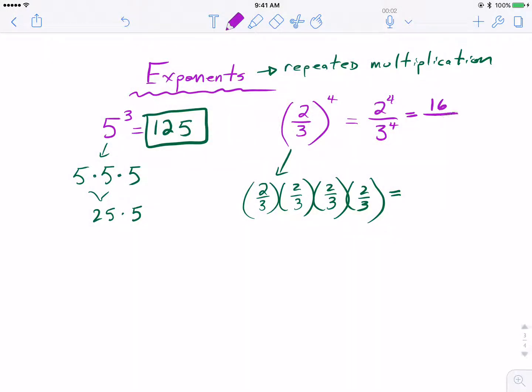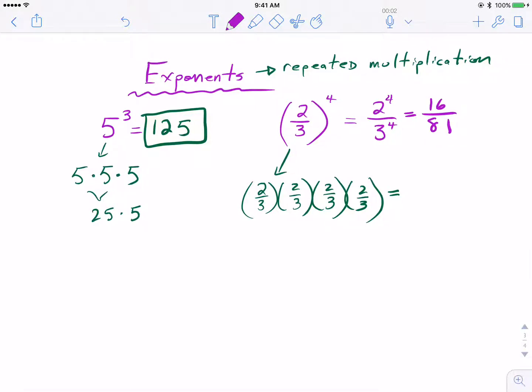And on the bottom, 3 to the fourth power, or 3 times 3 times 3 times 3, should be 9 times another 3, 27, times that fourth 3 gives us 81. Okay, and 16 and 81 are relatively prime, meaning I can't simplify this any further. So my answer would simply be 16 over 81.